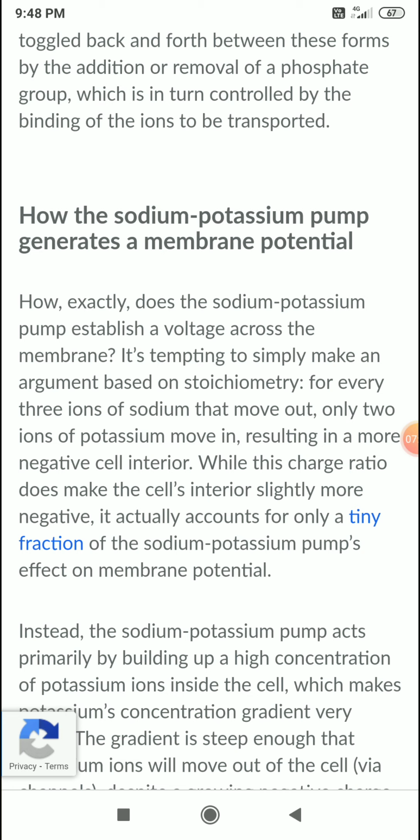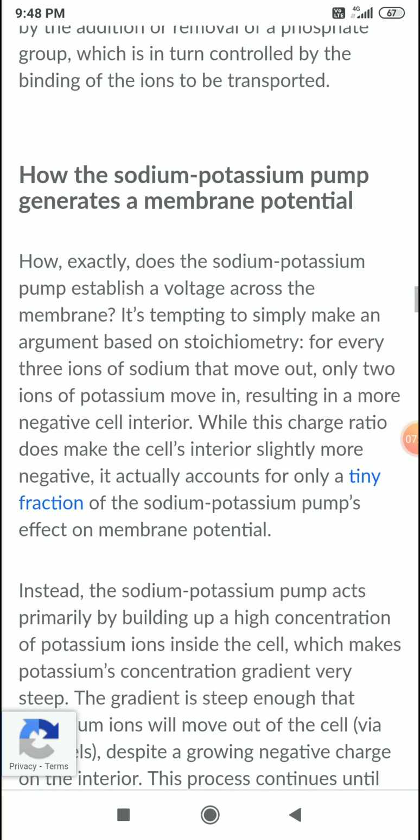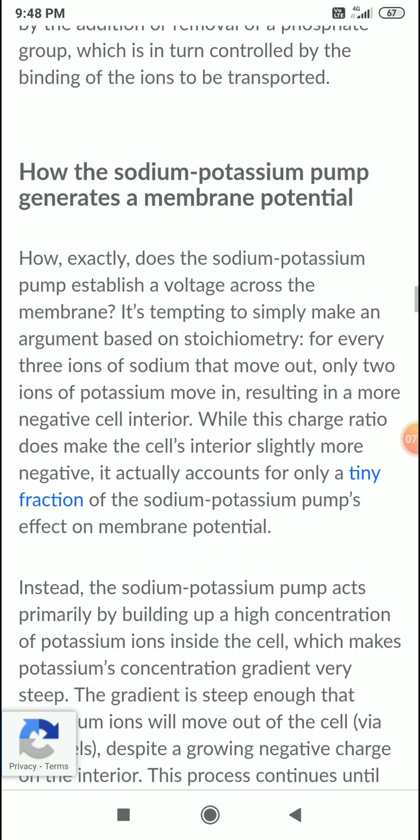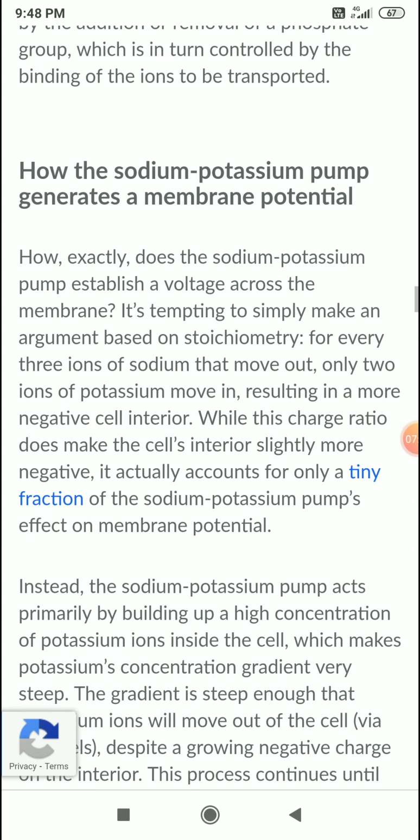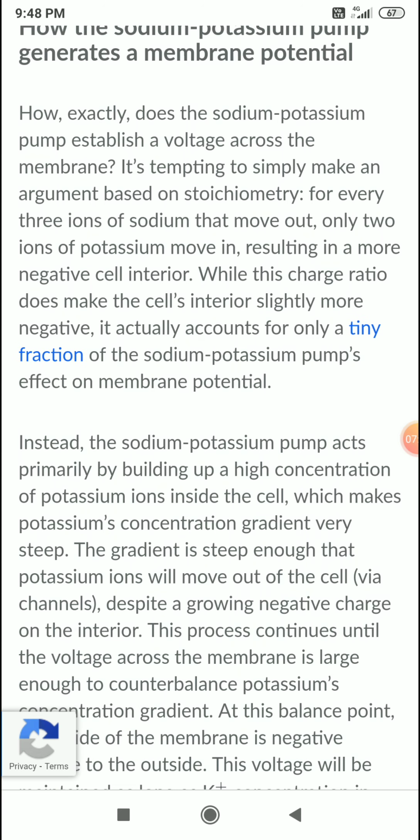For every 3 ions of sodium that move out, only 2 ions of potassium move in, resulting in a more negative cell interior. This charge ratio makes the cell's interior slightly more negative, but it actually accounts for only a tiny fraction of the pump's effect on membrane potential.